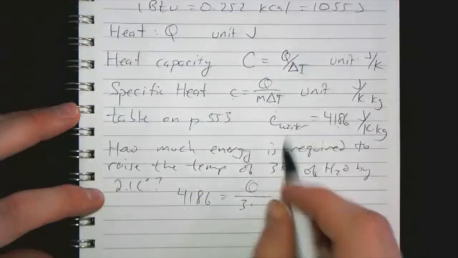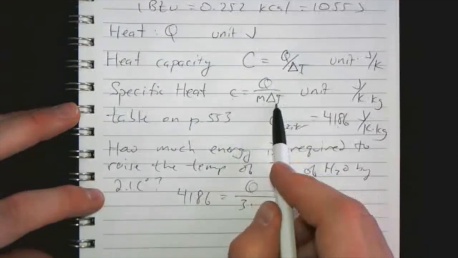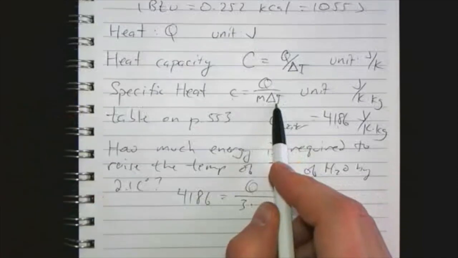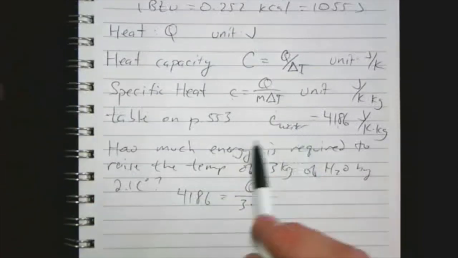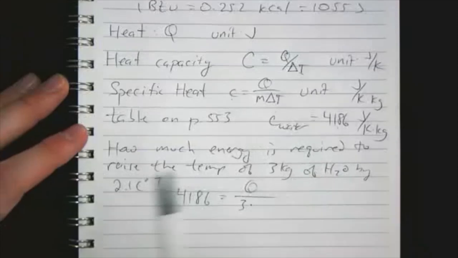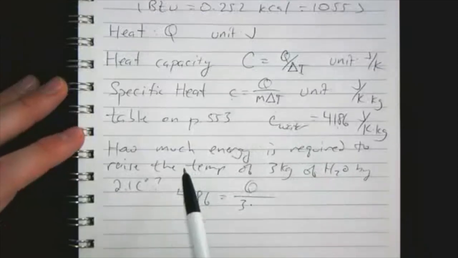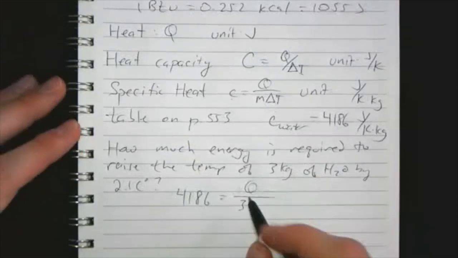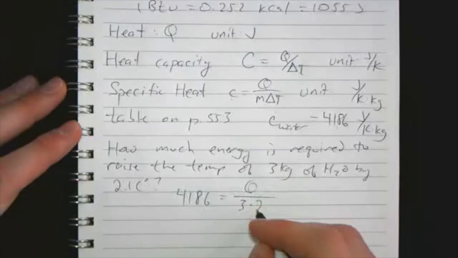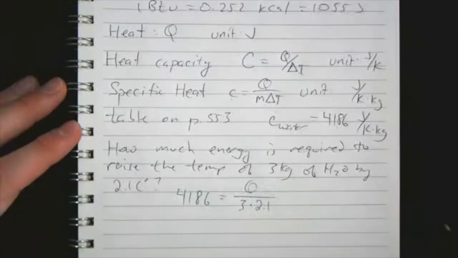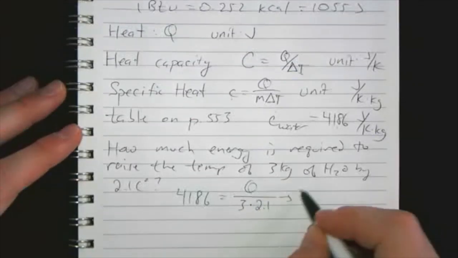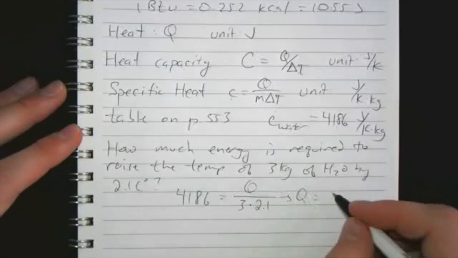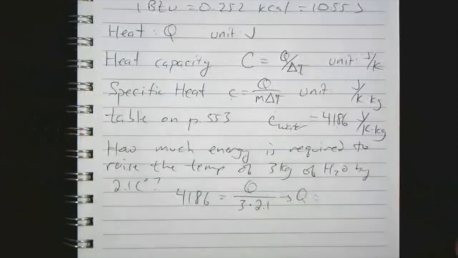the change in temperature. The change in temperature is in Kelvin, but remember the Kelvin scale is the same size as the Celsius scale, so a change of 2.1 Celsius degrees is the same thing as a change of 2.1 Kelvin degrees. So you can just say times 2.1, and thereby figure out how much heat transfer that takes.